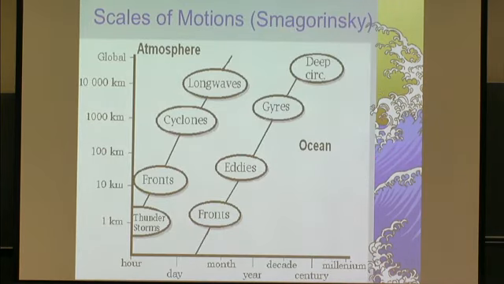So I started from a picture which I showed last time as well, but I think I show it every time because it's really relevant when we talk about climate. We always have to keep in mind that we have variability and non-trivial dynamics over a large range of scales in time and in space.